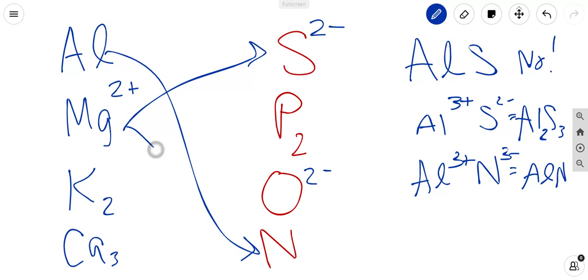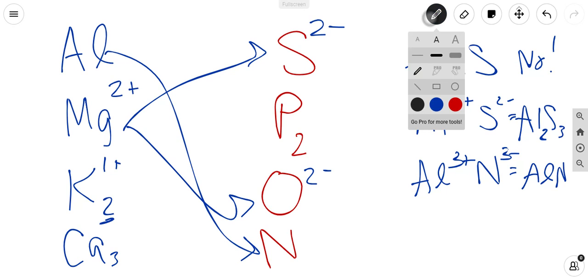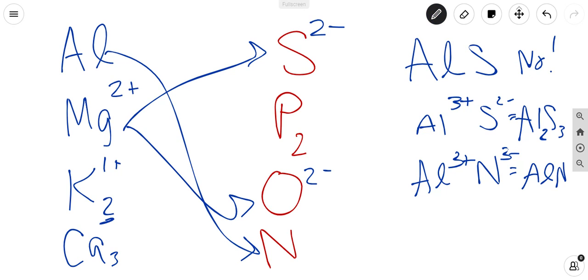So magnesium could match with either one because they both would cancel out. And sometimes there's more than one correct answer. All right. Next one is K2. You have to think to yourself, where did this 2 come from? How did it get down here? It has a charge of 1, so you know that it's not going to crisscross anything. So it has to get something that has a charge of 2. So it could also be sulfur, or it could be oxygen.